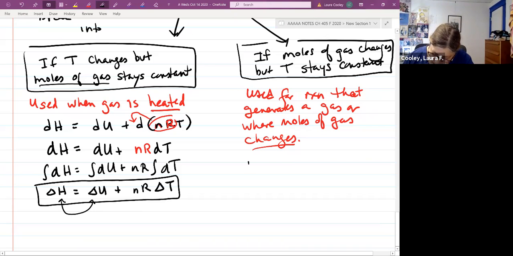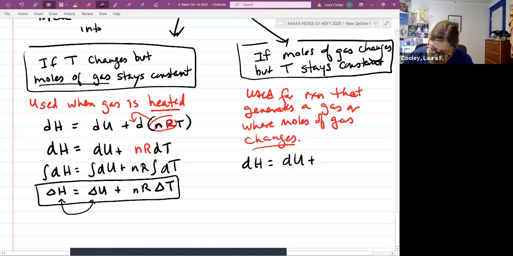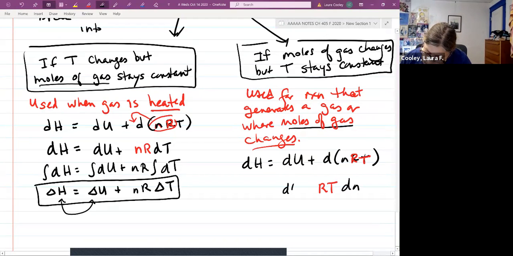That we have dH is dU plus d(nRT). And now we have a case where the moles is changing, but the temperature is constant. So the temperature can come out as well as R, of course. So this becomes RT dn.